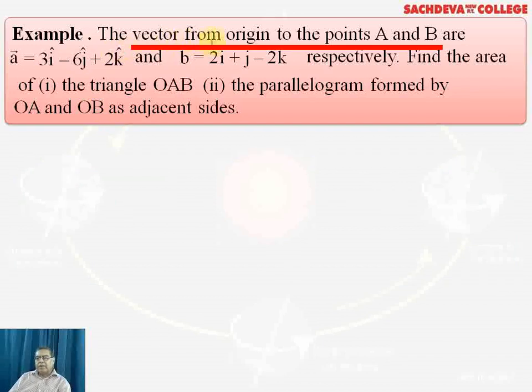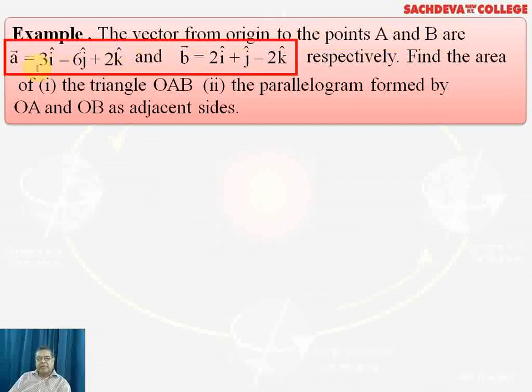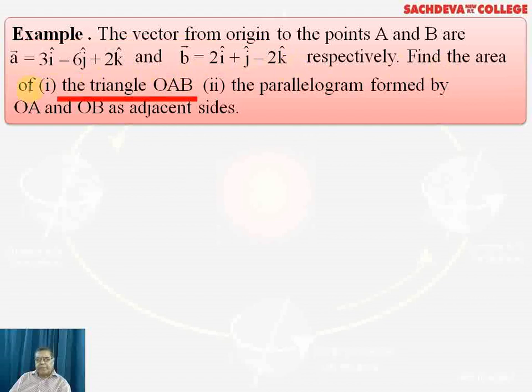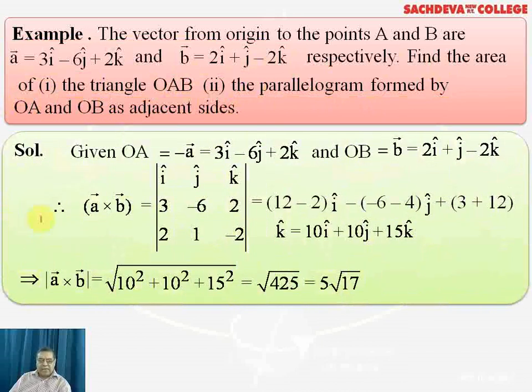The vectors from the origin to points A and B are given. Their values are 3i minus 6j plus 2k, and 2i plus j minus 2k. Find the area of the triangle OAB and of the parallelogram formed by OA and OB as adjacent sides. Now we have taken the determinant.